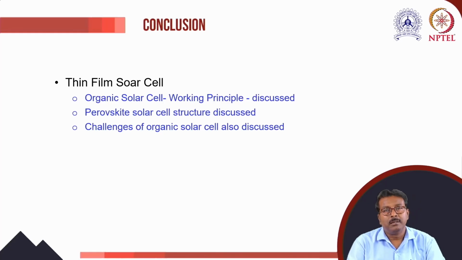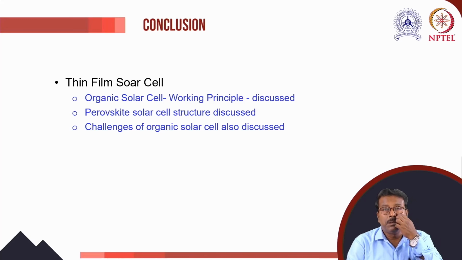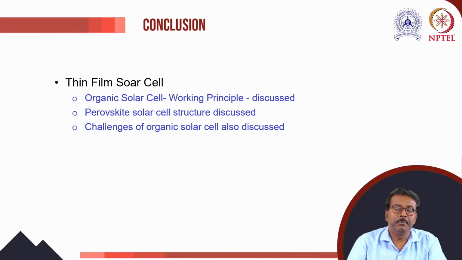Lots of scattering occurs in organic solar cells. The diffusion length of the excitons is very small. We have to dissociate them very quickly after their generation.